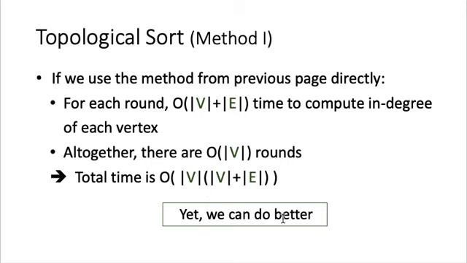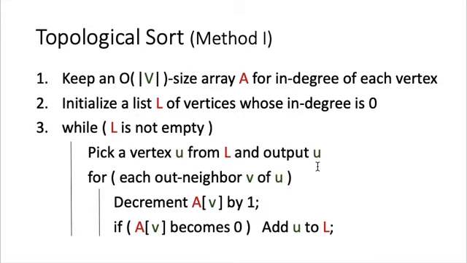On the other hand, we can actually do something smart so that we can make this faster. So this is a correct method, but it is not the only way to implement this method. So what we are going to do next is keep an array A that tells us what is the in degree of each vertex in the current graph.